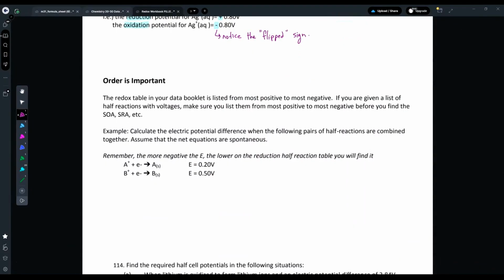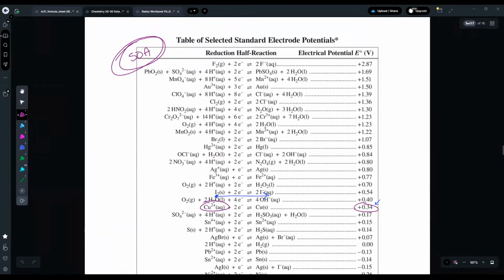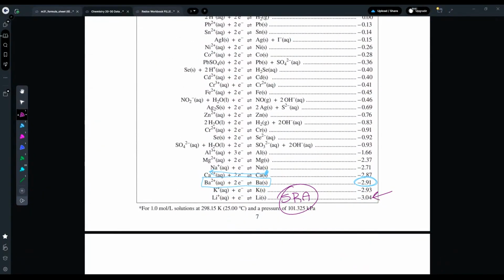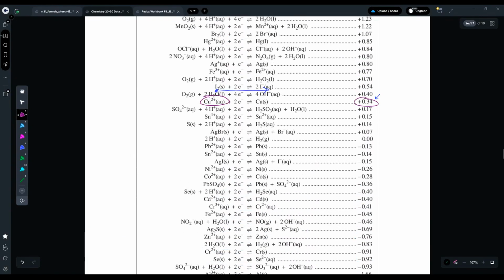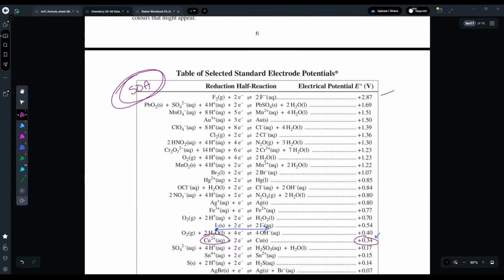Now, with the redox table, all of the electrical potentials are listed from most positive at the top to the most negative down at the very bottom. So the most positive electrical potential belongs to your strongest oxidizing agent.